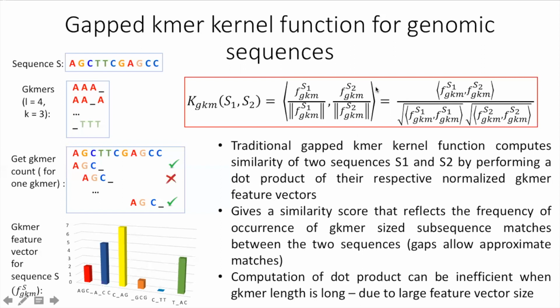In this way, we can now compute similarity scores for genomic sequences. However, there is one small wrinkle. The number of possible GK-mers explodes exponentially with increasing L, leading to very large feature vectors, which slows down SVM performance significantly, as really large dot products need to be computed. The optimization for that is what I'll talk about in the next slide.